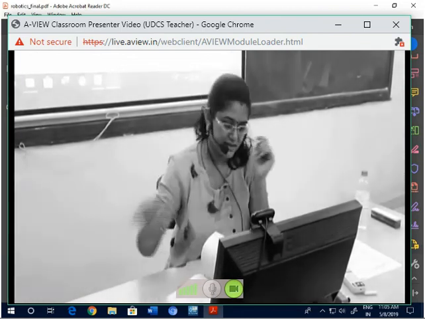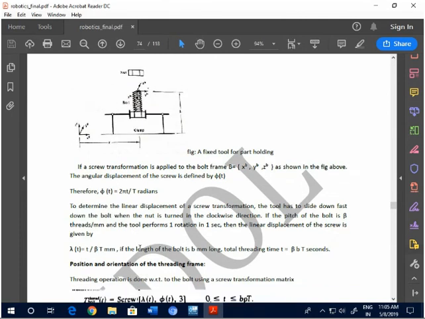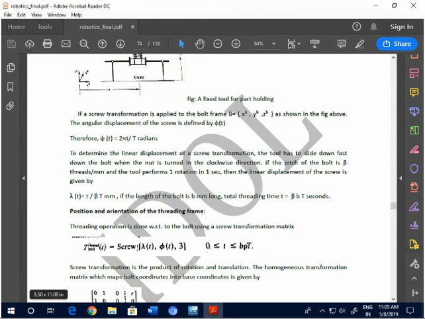Now the position and the orientation frame. So threading will be given by T, as I told, tool to the base, so it is thread to the bolt. So T of t, screw lambda t, theta t, which is less than or equal to b p t.